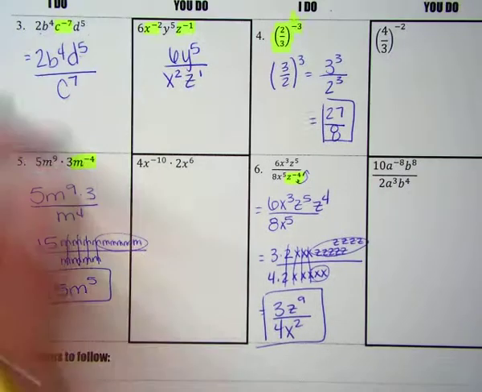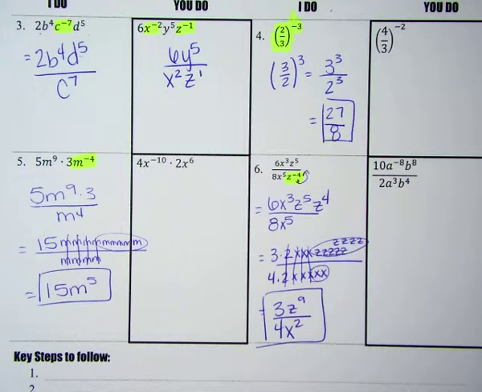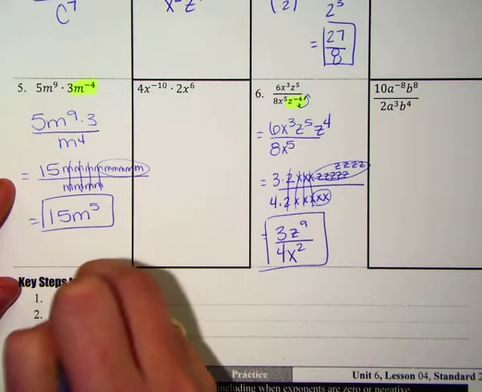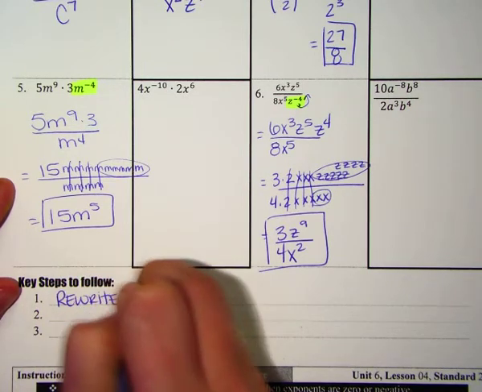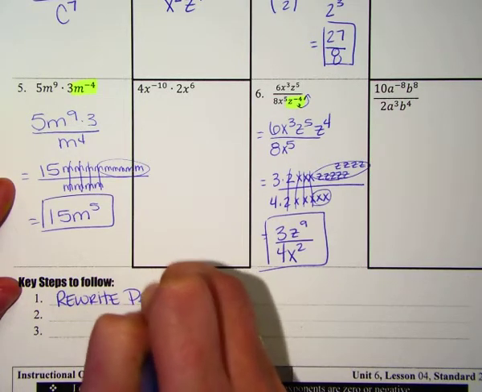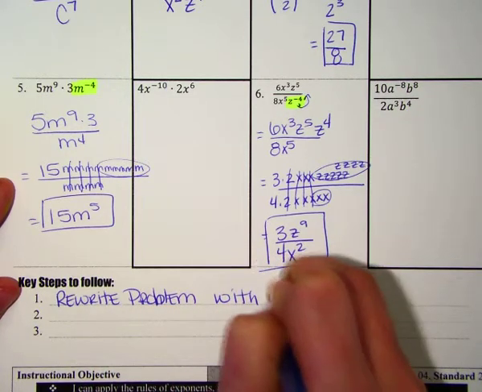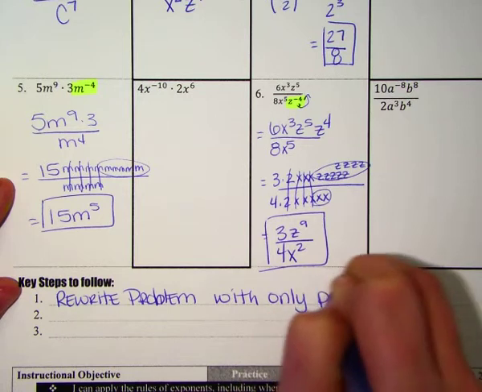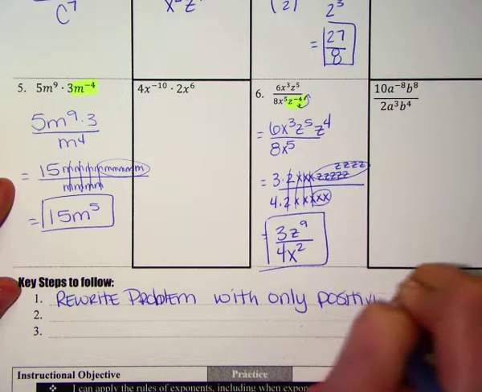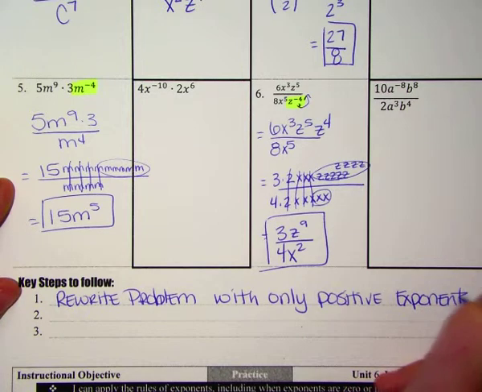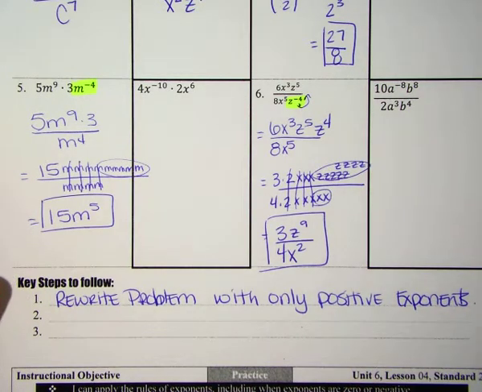Now, the couple things that I want you to remember is you want to always, at least I think the first step, is to rewrite the problem with only positive exponents. That would be my first step, is to always move the problem so that it has positive exponents.